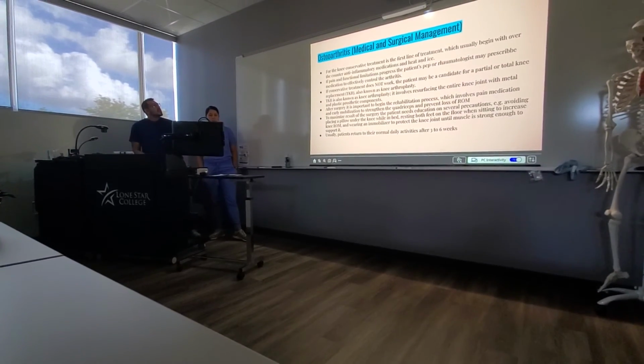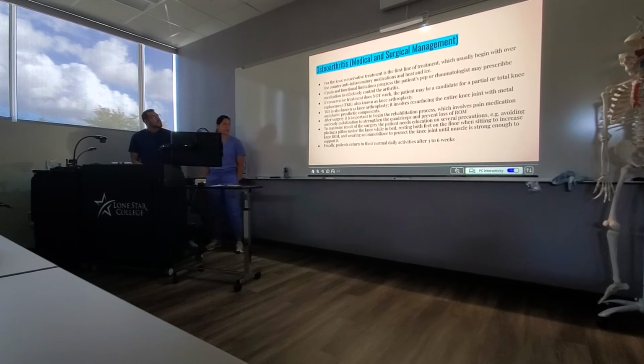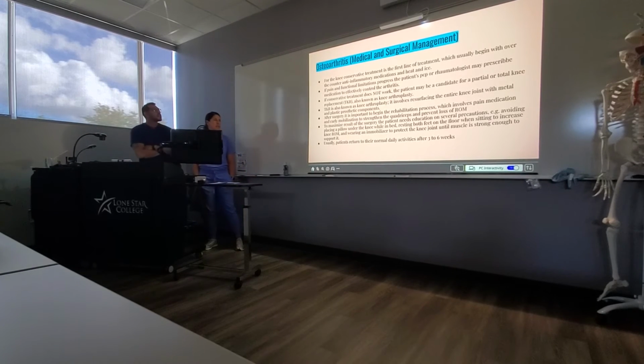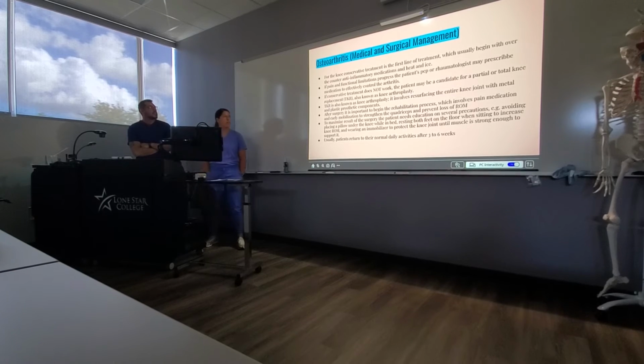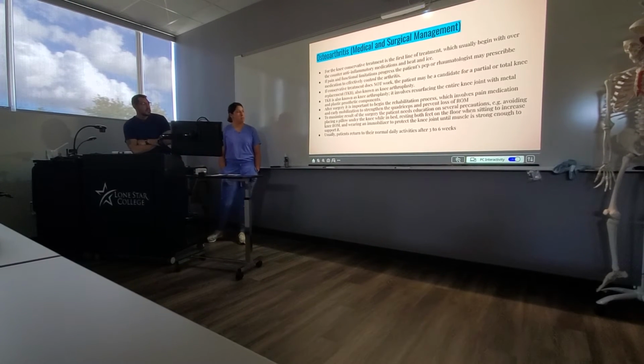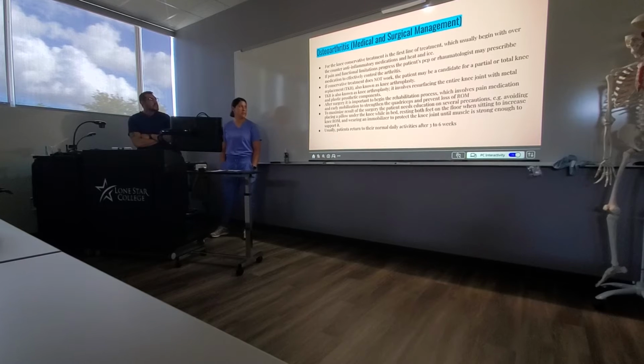So for the knee, conservative treatment is the first line of treatment, which usually begins with over-the-counter anti-inflammatory medications and heat and ice. If the pain and functional limitations progress, the patient's PCP and rheumatologist may prescribe medication to effectively control the arthritis.